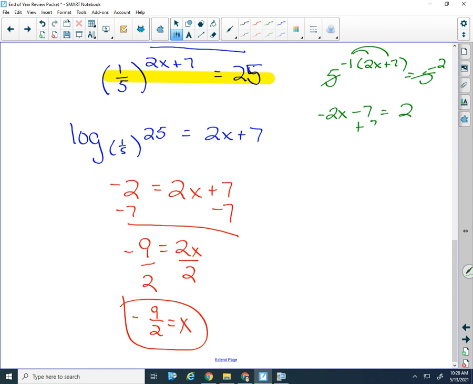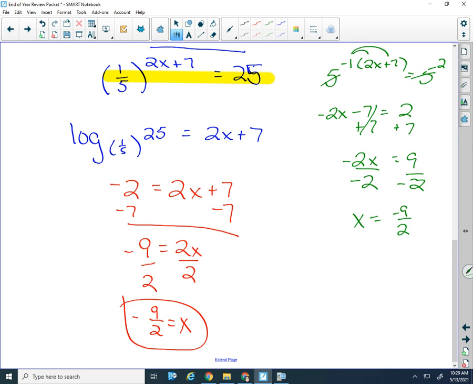I'm going to add 7 to both sides. -2x equals 9, divide by -2, and you end up with the same answer. It's whichever way your mind works best. Sometimes you can't get common bases, so you have to fall back on your logarithmic methods.